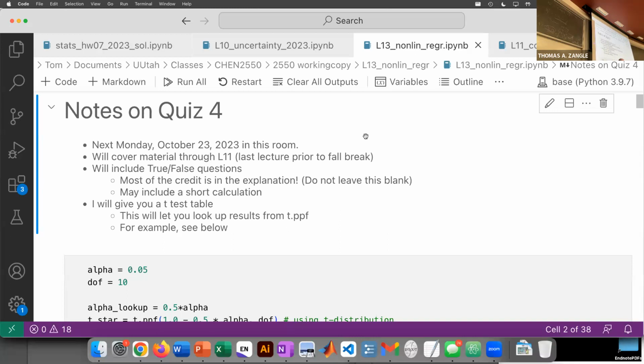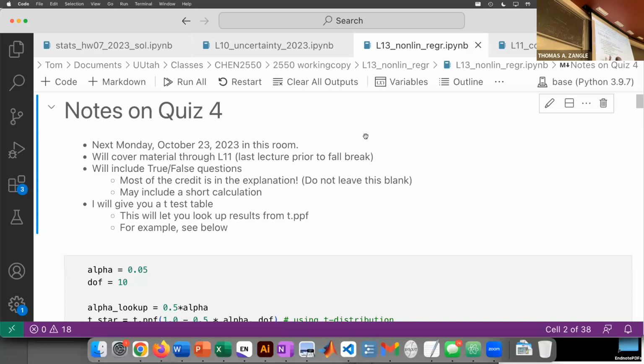Most of the credit on that kind of question, when I'm grading it, goes for the explanation, not for what's in the box. So if you luck your way into the answer true or false, you might get a point or two, but you won't get full credit for that piece of the problem.